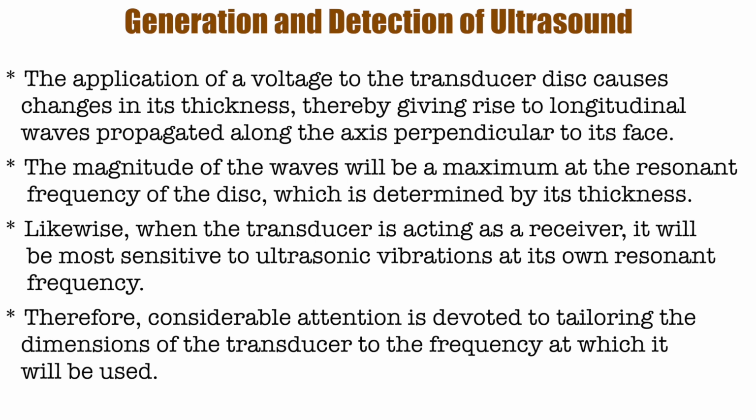Likewise, when the transducer is acting as a receiver, it will be most sensitive to ultrasonic vibrations at its own resonant frequency. Therefore, considerable attention is devoted to tailoring the dimensions of the transducer to the frequency at which it will be used.